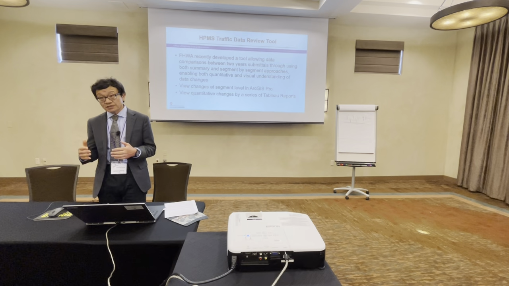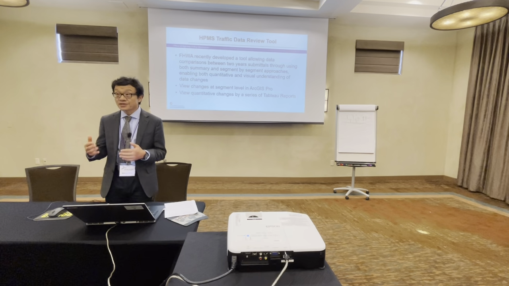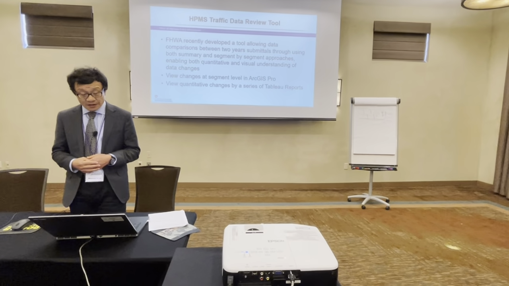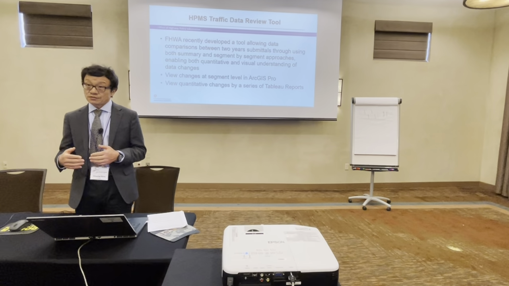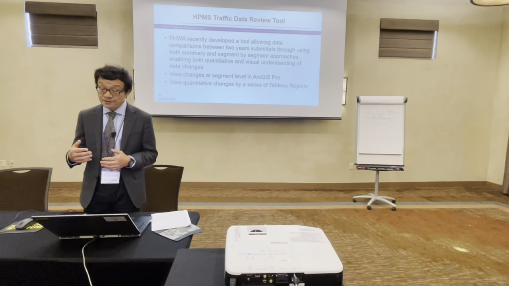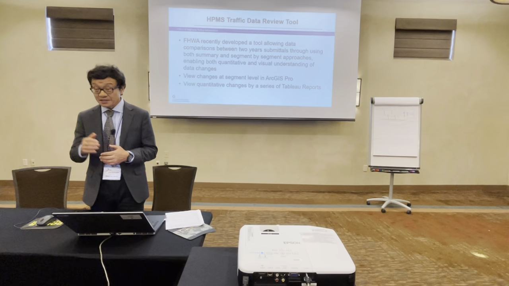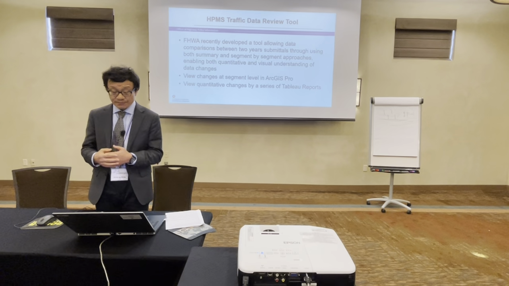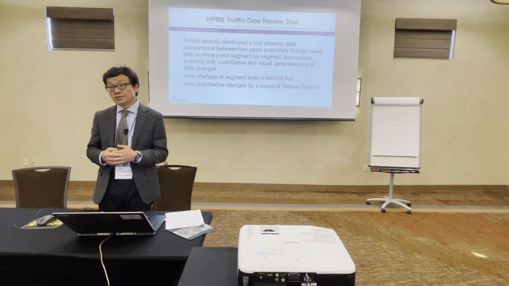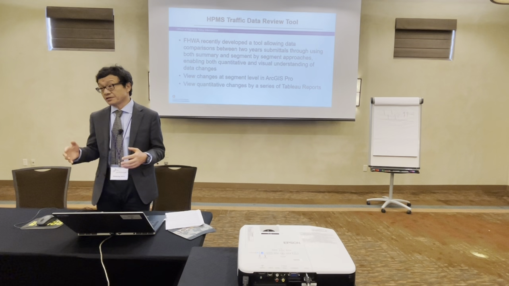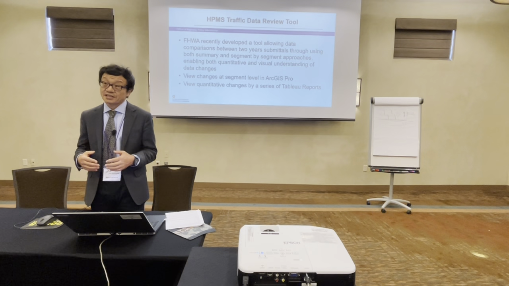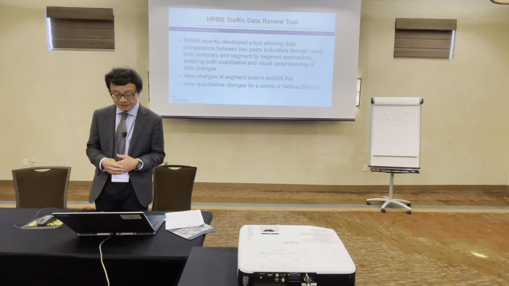Enables both quantitative and visual understanding of the data change compared to the last year's. By using these tools, the reviewer can view the change in the ArcGIS Pro. You can see the segment level change one by one, and also you will have a series of tabular reports so you can understand the quantitative change.